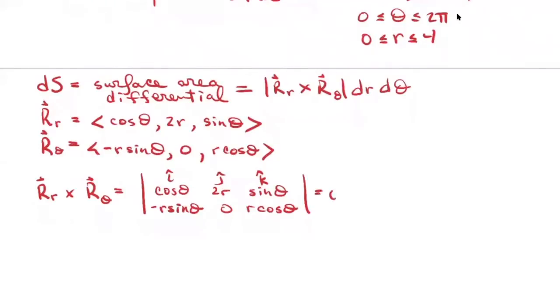So for the i component, looks like we're going to have 2r squared cos theta minus 0. So just 2r squared cos theta. And then minus the j component. So with that, we're going to go this way, right? So it looks like we're going to have r cosine squared plus r sine squared.